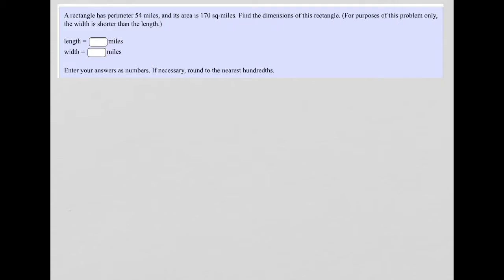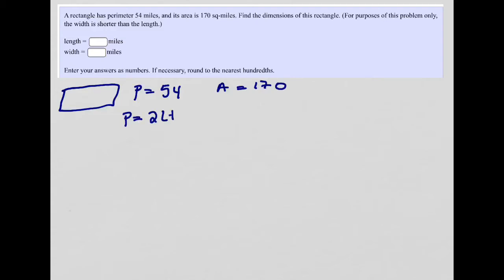So for this example, let's start with our drawing. We're talking about a rectangle, and the only thing I know is that the perimeter is 54 miles and that the area is 170. Now I do know that the perimeter formula is 2 times the length plus 2 times the W, and that the area formula is the length times the width.